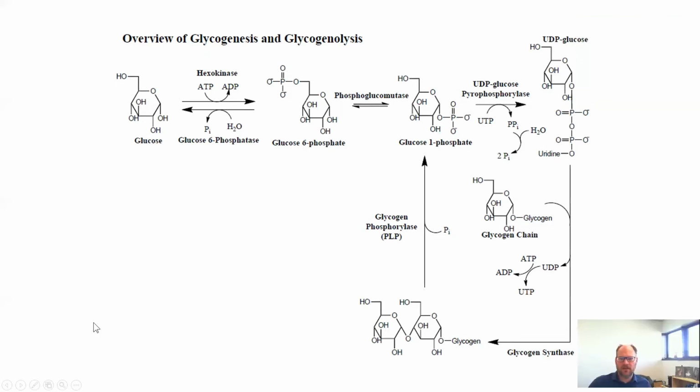So here is our overview of the reactions that we talked about before, with glucose coming in, being synthesized into glycogen, either via the glycogen synthase reaction or the glycogen phosphorylase reaction is broken back down. Of course, this phosphorylase reaction bypasses these two steps to make glucose 1-phosphate. But this is how the chemistry works.